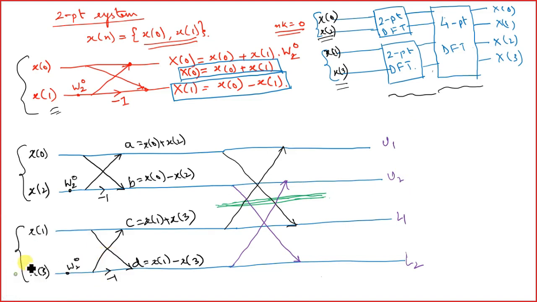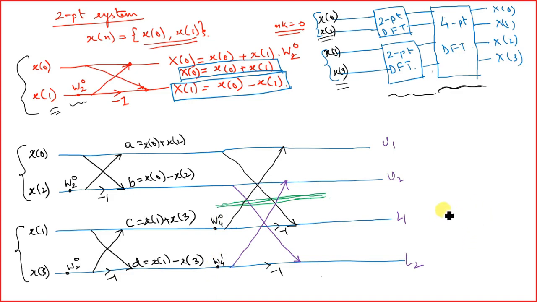Now once we have done this, we know at the lower ends we are having the multiplier of -1. Now what about the twiddle factor? We are doing a 4-point twiddle factor. So if you see in the lower connections, we'll be having the twiddle factors over here: W4^0, W4^1.